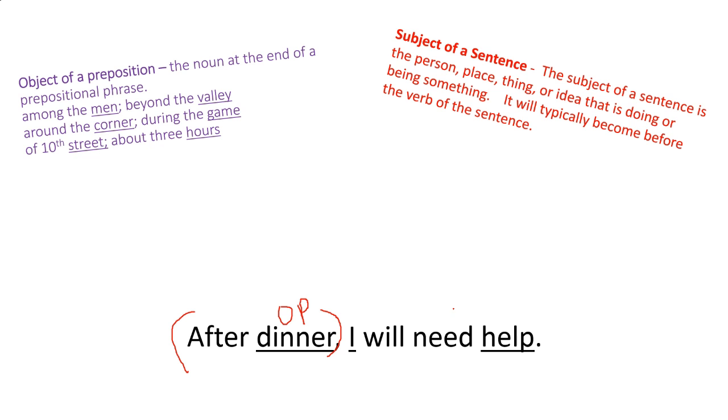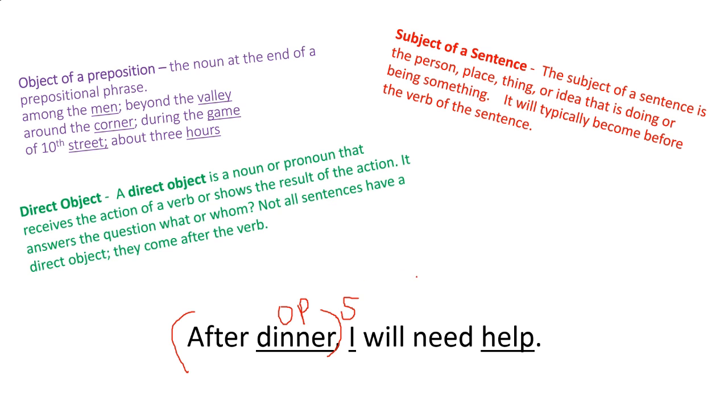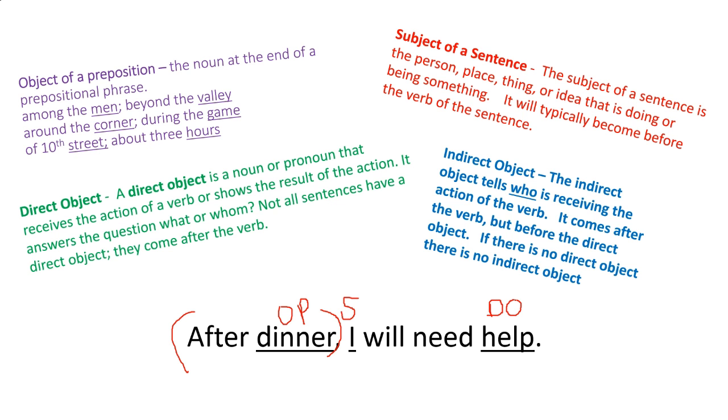So who is needing the help? I am. Okay. And then a direct object is a noun that receives the action. So what will we need? We'll need help. So that's going to be your direct object. Alright, and then there is, in this case, no indirect object.